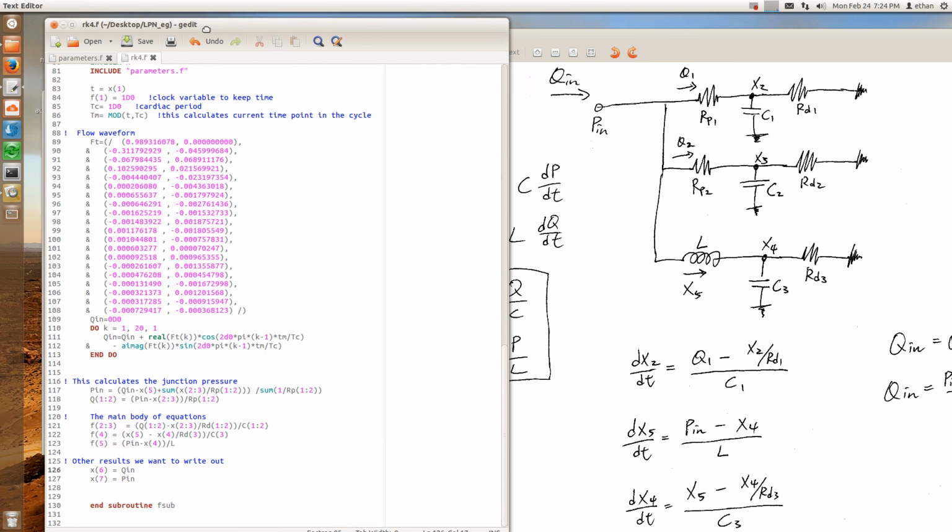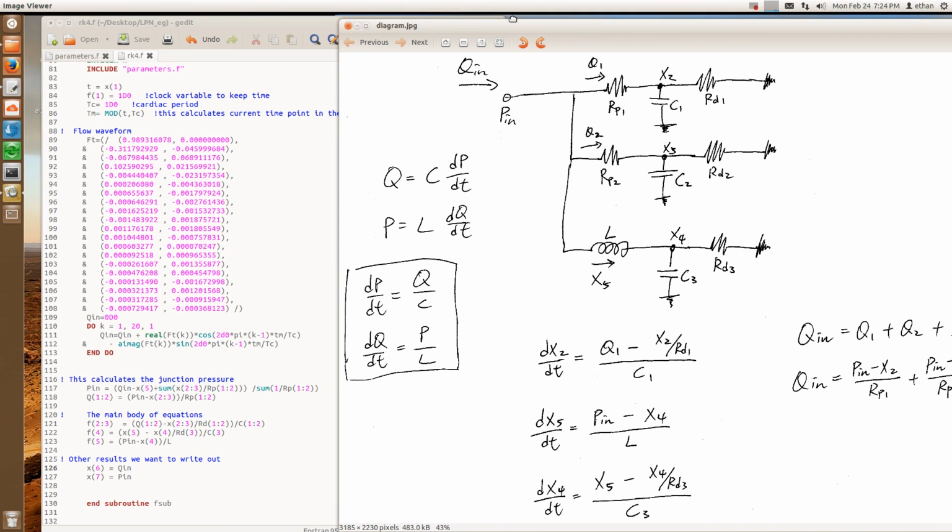And so now you've set up everything that you need to solve this circuit. What that means is that you have a known input flow waveform, you have knowledge about what the parameter values are for the elements, and you know how this circuit is set up, so that you could run the simulation. You could calculate the flow and pressure in this circuit over time and see what this pressure waveform will look like.